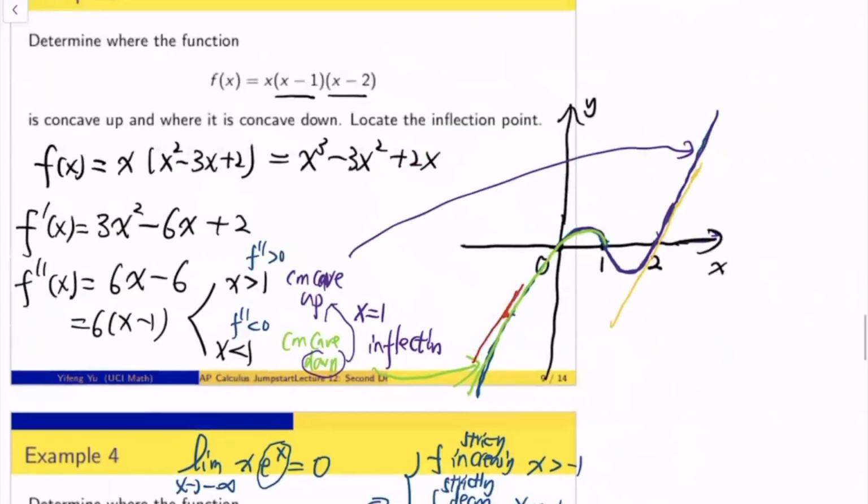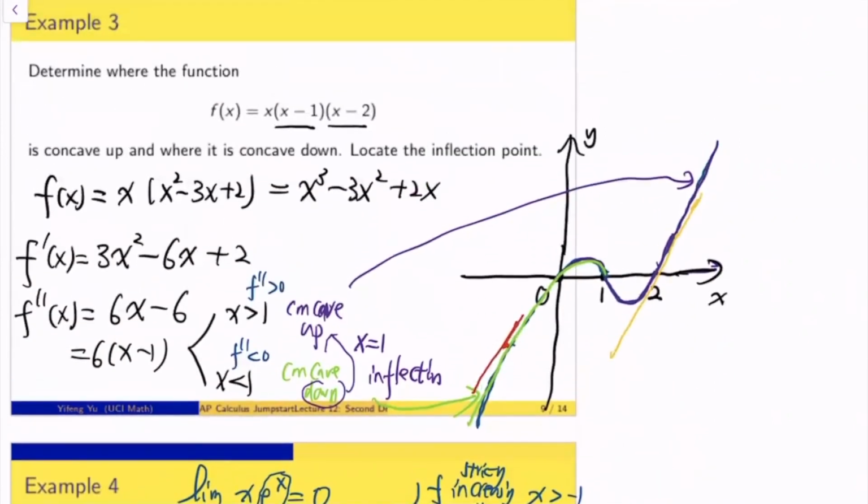Here we should also write more accurately: when x equals 1, the y will be equal to 0. So the inflection point here is 1, 0.